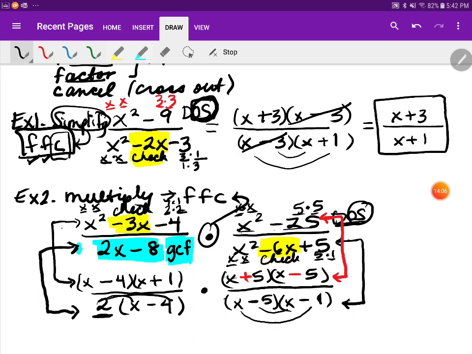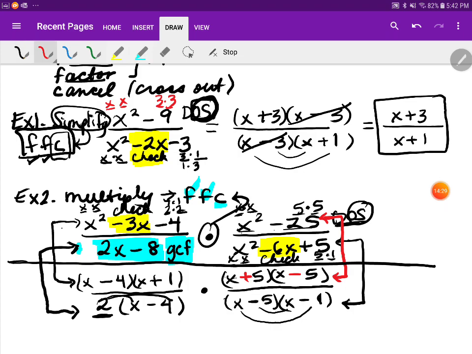Okay, now you have to look overall at what you have. Let me put a line between this. Basically we have what's under the line. I just did the F's, F being factor. So I did the F, I did the F. Now I need to do the C. F stands for factor. What does C stand for? C stands for cancel.